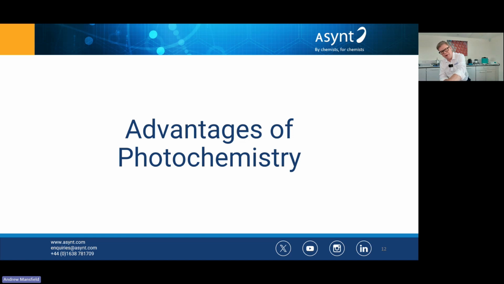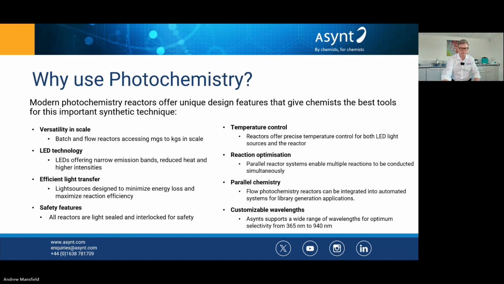So what are the advantages of photochemistry to us as chemists? There are lots of advantages, not just from those green potentials, but modern photochemistry equipment and those unique designs allow us versatility in scale, but also methodologies.